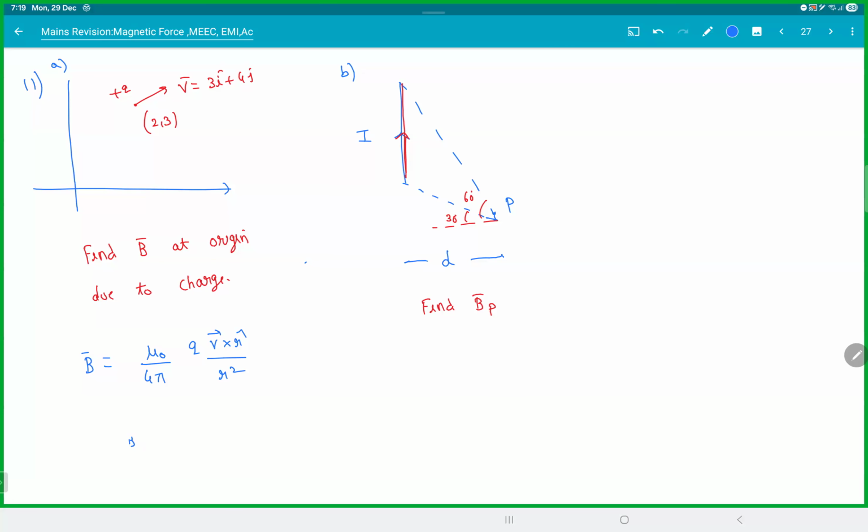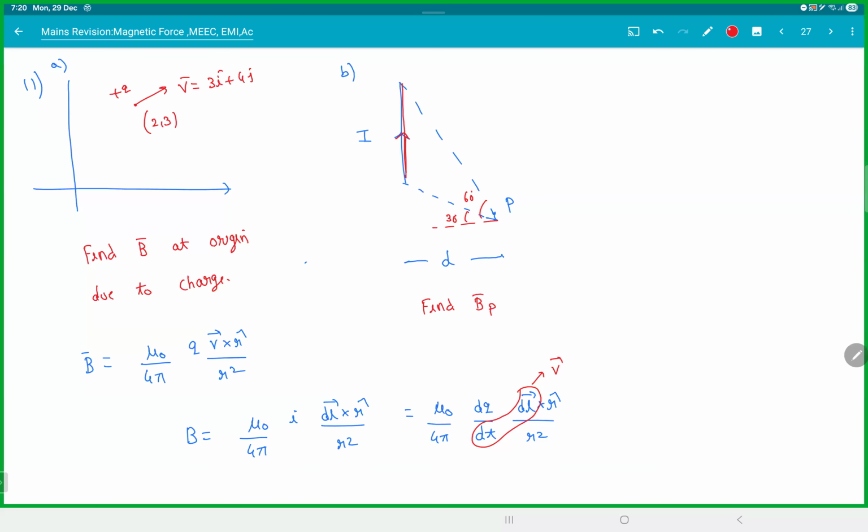If you remember the Biot-Savart's law, B is equal to mu naught by 4 pi, I dl bar cross R cap by R square. You write that I as dq by dt, and then dl by dt you make into velocity.